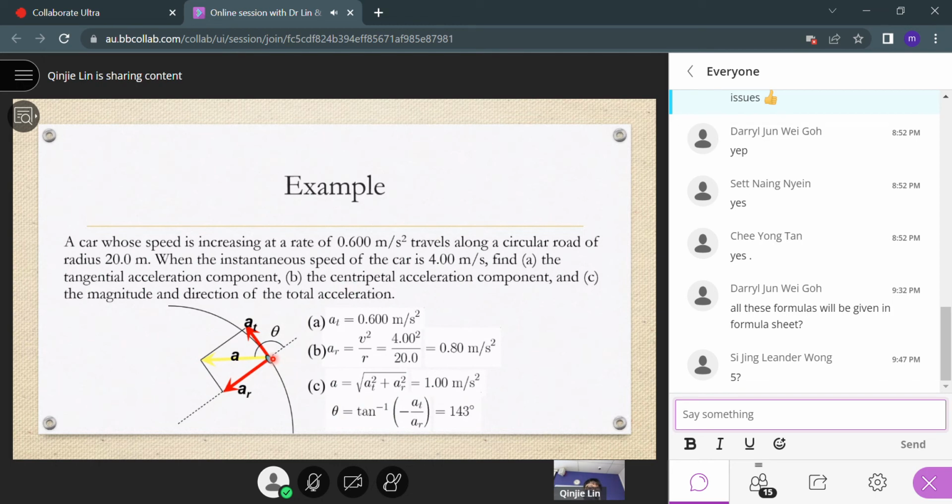Correct? So in the sense, your body will feel that you want to fly this direction. This is the feeling that we get. Okay, but acceleration wise is pointing here. Whatever we feel, always go in the opposite direction of the acceleration. You accelerate front, you feel you want to stay at the back. Okay.